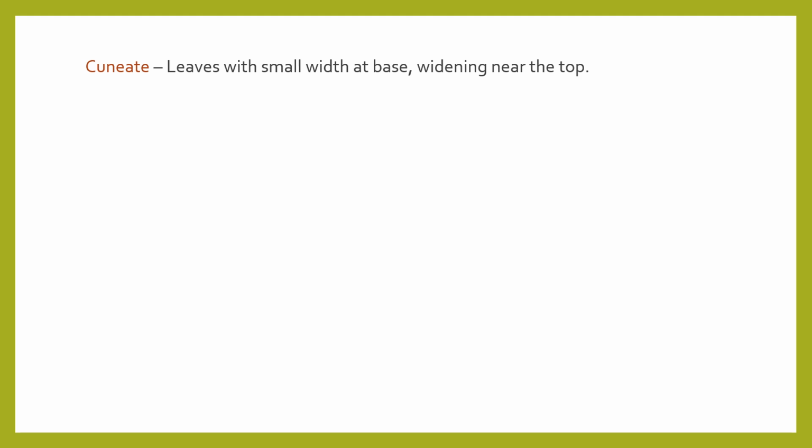Also, we have sinuate leaves. Sinuate leaves have small width at the base and widen near the top, like this. This shape of blade is called sinuate leaves.